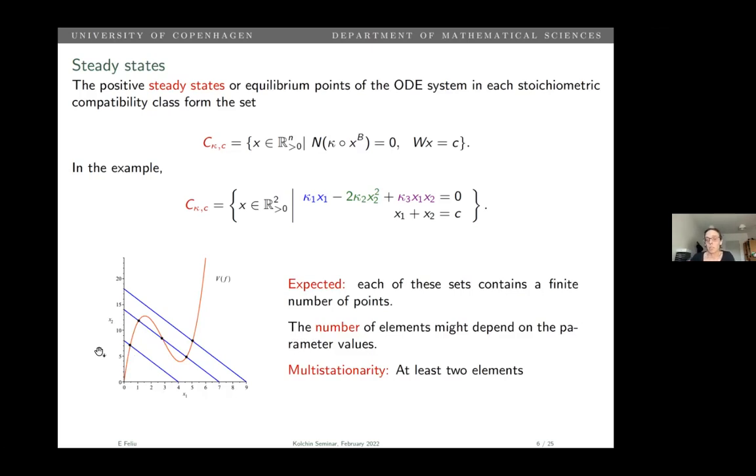Why do we care about multistationarity? Well, we care because in biology, or in dynamical systems, you care about the property called bistability, meaning you have 2 steady states that are stable. If you have in a system 2 steady states that are stable, it means that under the same conditions, because this is for fixed parameter values, your system can reside in 2 different states. And this is sometimes linked to cell decision making in a biochemical context.